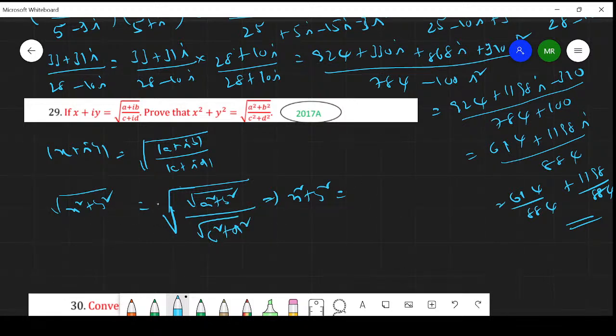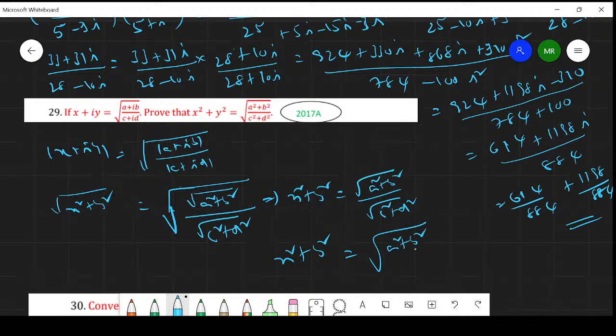Squaring on both sides, this root I can eliminate. You will get root of a square plus b square by root of c square plus d square. So this is the required answer: x square plus y square is equal to root of a square plus b square by c square plus d square. That's all. Simple problem.